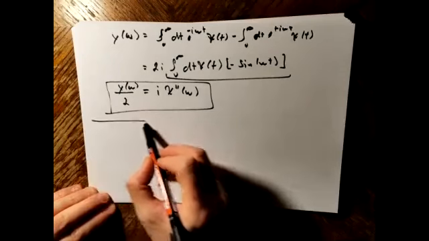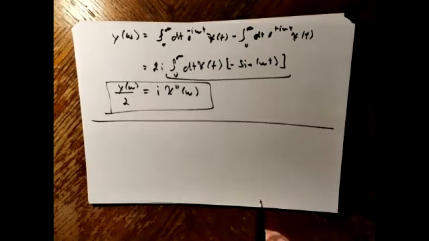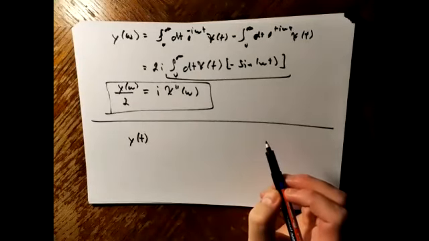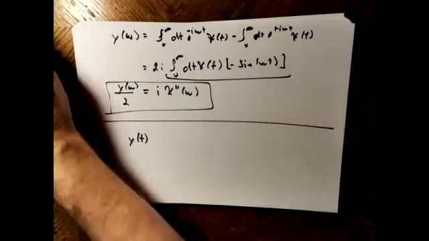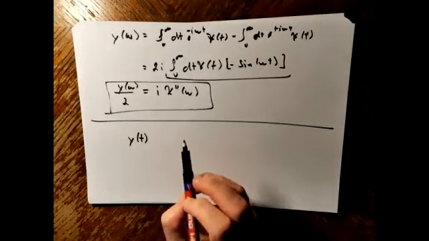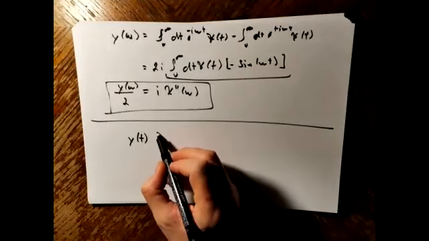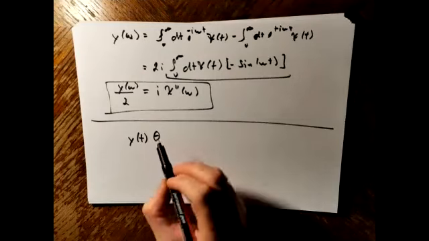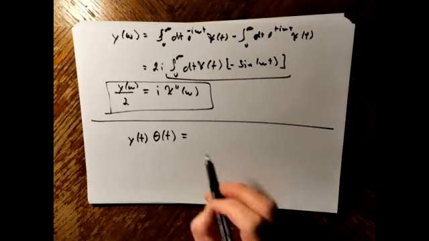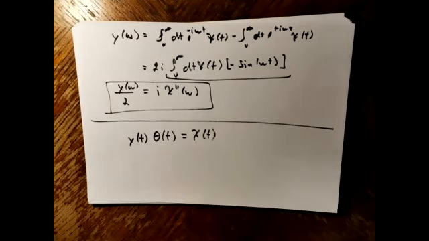Okay, and we're going to use that shortly. But let us go back to y of t. So we said that we have a certain definition for y of t. Okay, so it's here. But we can also say the following, that y of t, theta of t is equal to chi of t. What do I mean by all this?